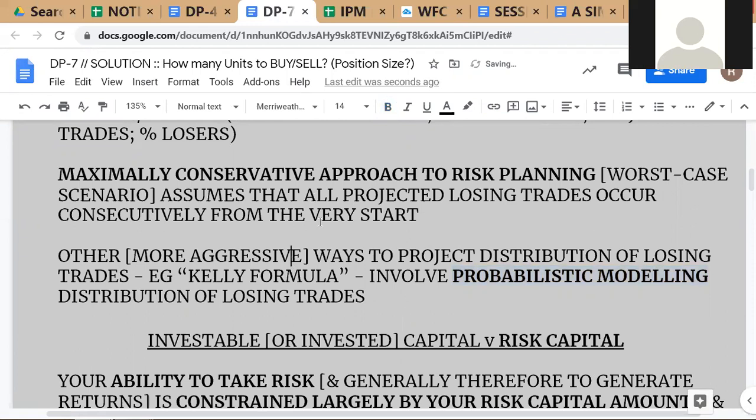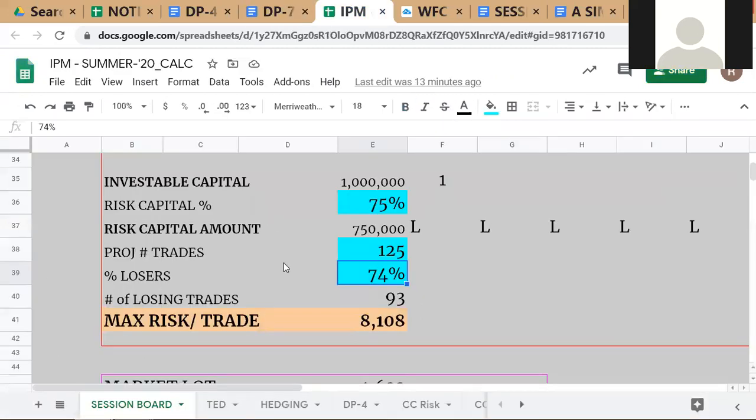What I've done here is a worst case scenario, which is much more crude, while probabilistic modeling looks more sophisticated. But the problem is that you have a high risk that your estimates may not be correct. Your estimates may be too aggressive, for example you may assume you will have a maximum of 3 losses in a row, and after that you will have profits. When you do probabilistic modeling, you may make those kinds of assumptions.